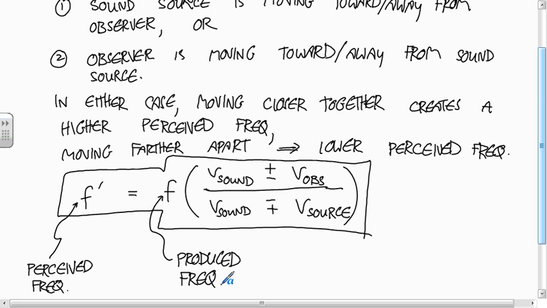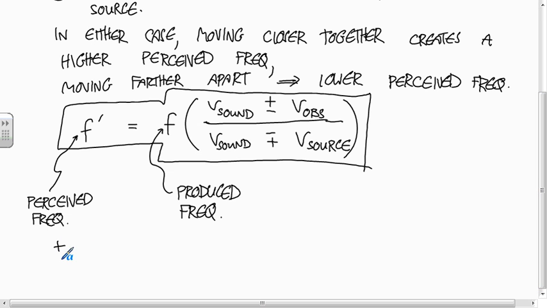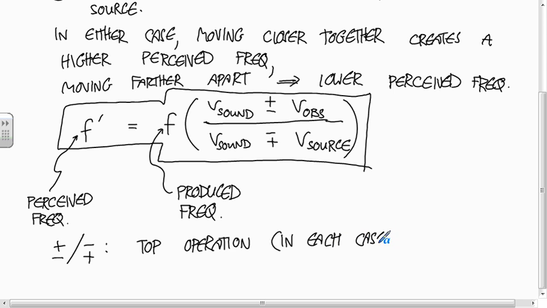And for the plus minus and minus plus, the top operation in each case means moving toward, one moving toward the other.